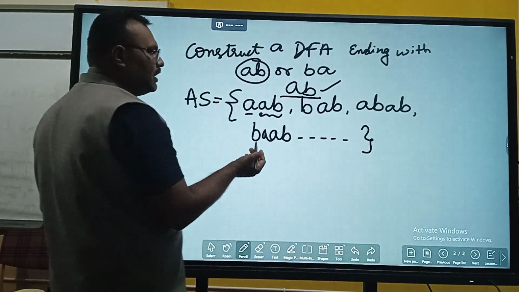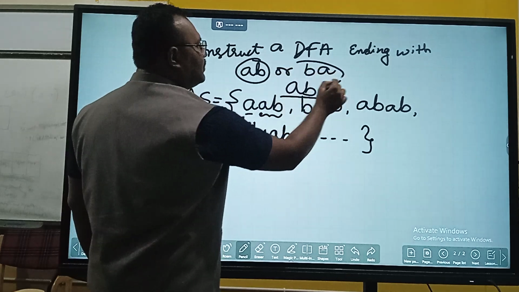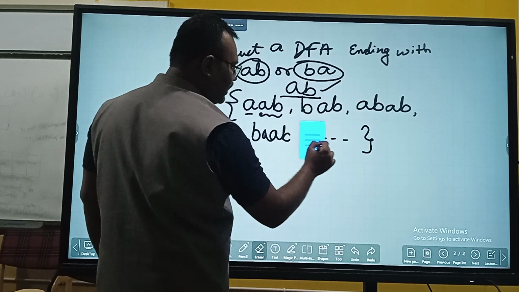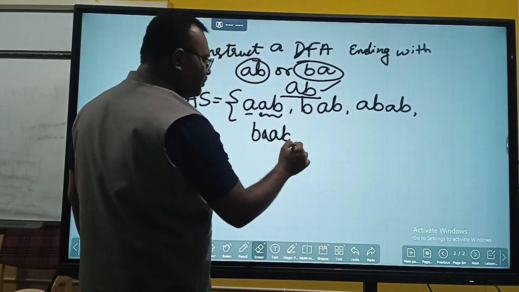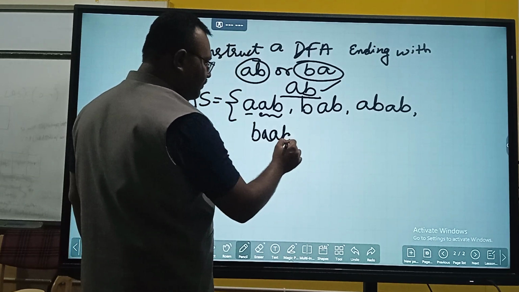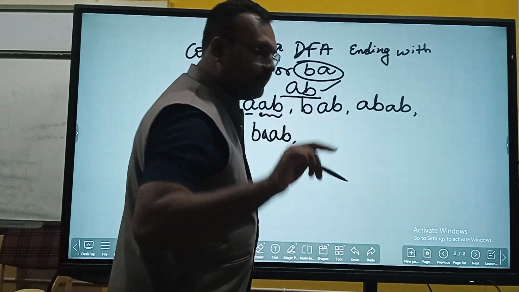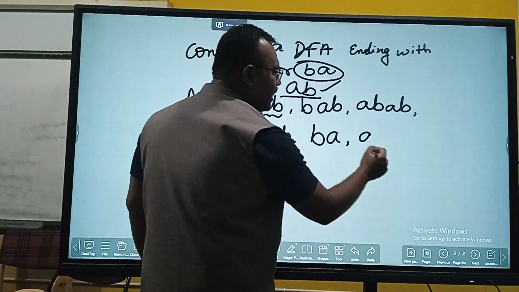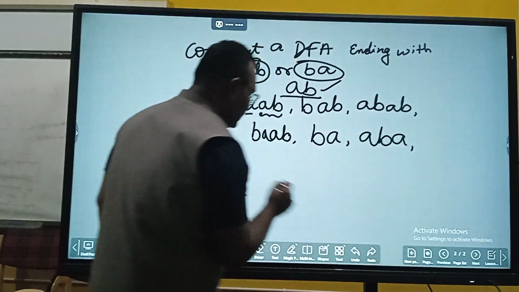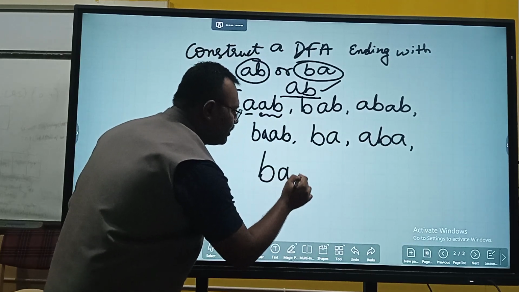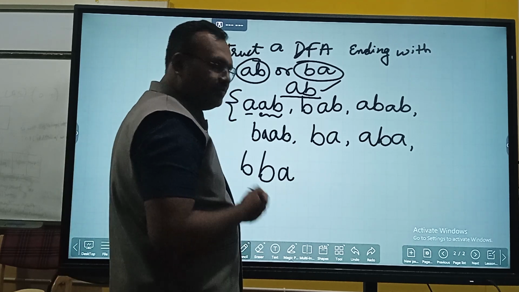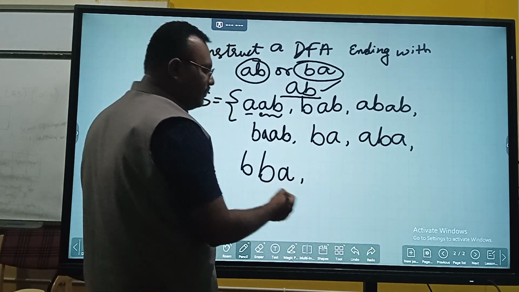So similarly, let us write some of the strings that are ending with BA. We can continue some of the strings that are ending with BA. So in that case, BA itself is an example, ABA is an example, and BAB is an example in which it is also ending with BA.